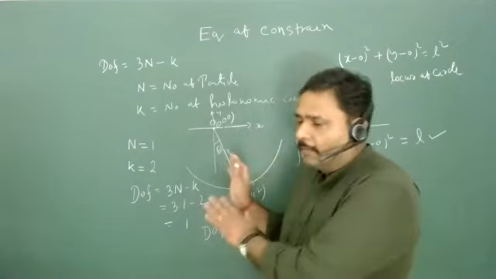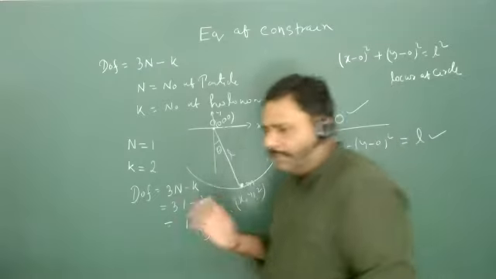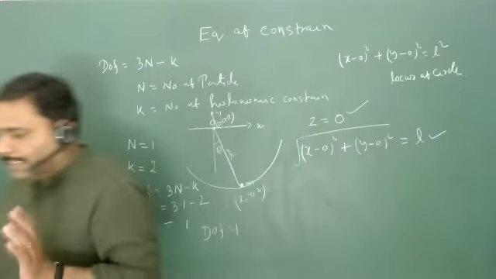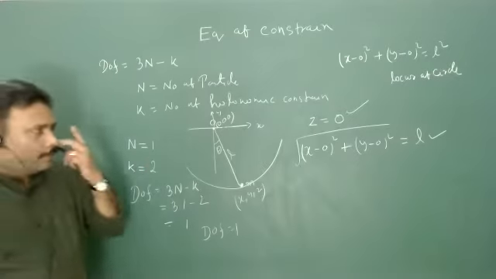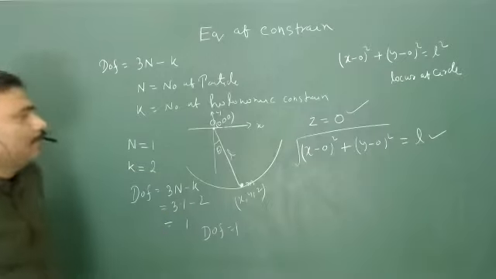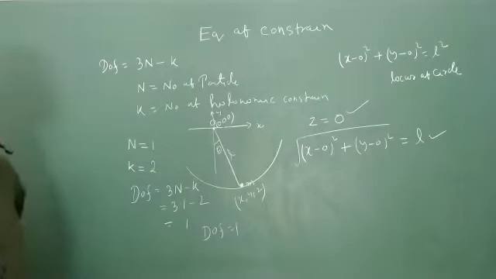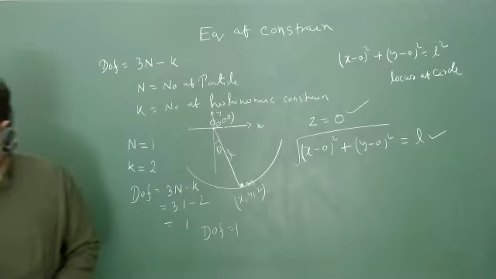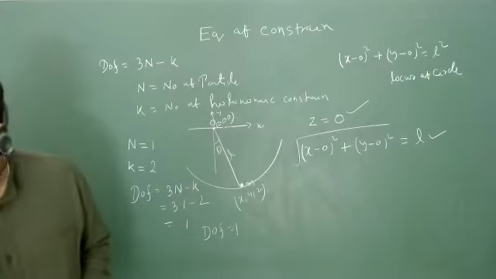So are you going to understand this particular system? This is a very simple one, but you have to understand how we can proceed with the system. Use Cartesian coordinates to find the degree of freedom. Okay? Any doubt?